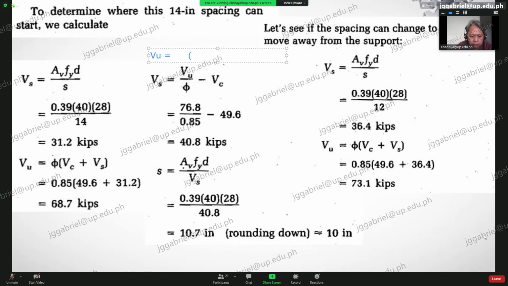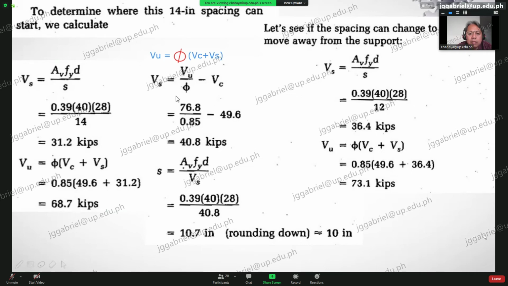That's VC plus VS. Tama? Okay, yung phi, let me draw the phi. Ayan. See, nagawa natin ang paraan. That's phi times VC plus VS. Okay? If we want to isolate VS, we will get this. By algebra, ito yung formula.